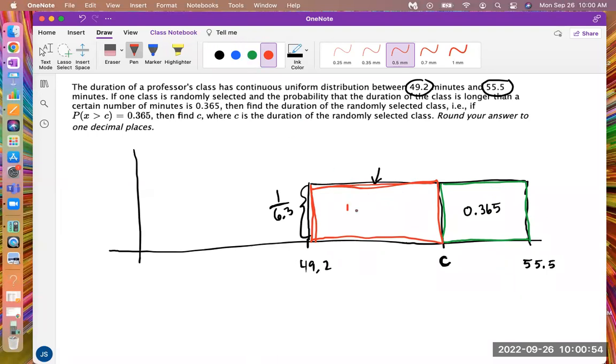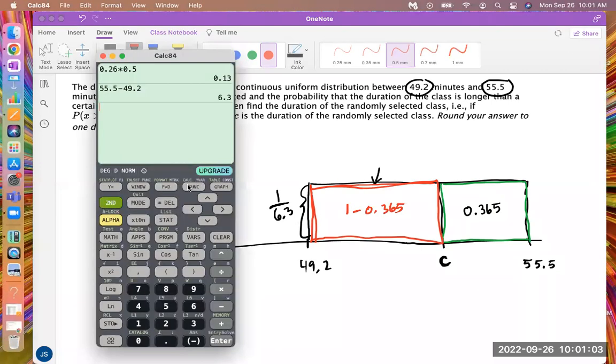Right, because all the area under a probability distribution should be one whole. So that's why 1 minus 0.365, we could say that area is 0.635.